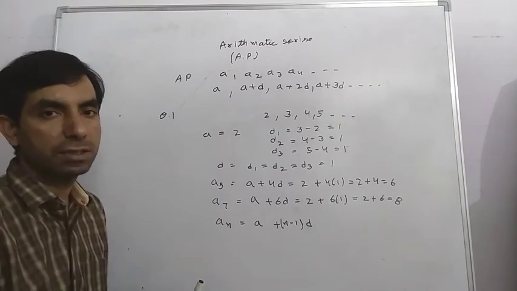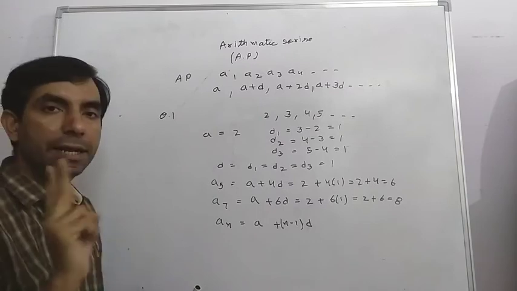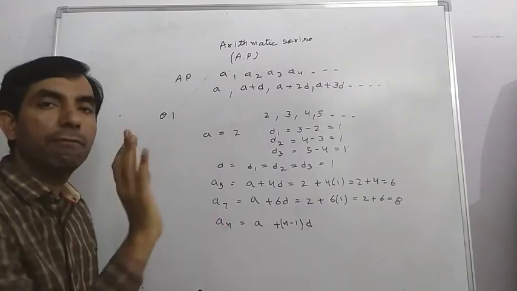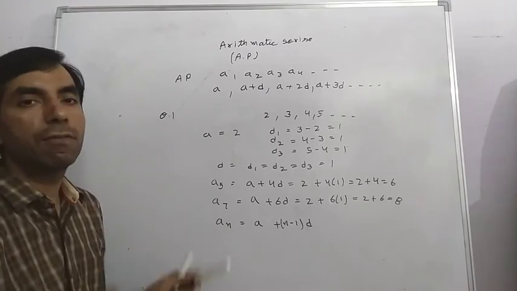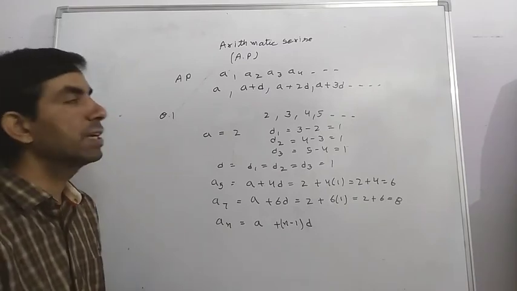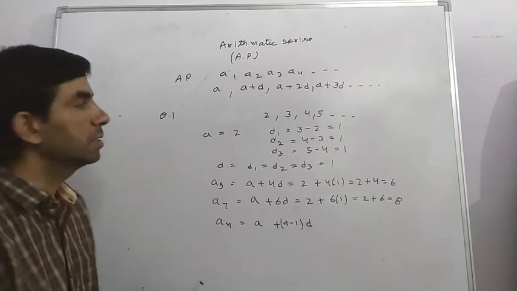So we have four things: first A, second D, third n and fourth An. These are the basic points of an AP series. By this method we can calculate any term of an AP series.